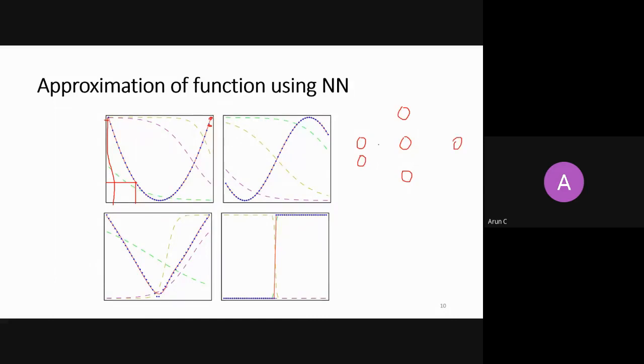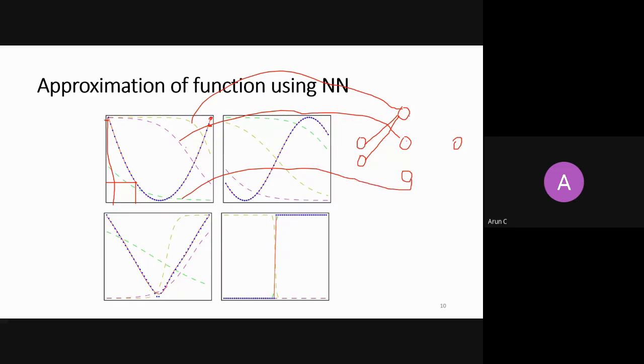So what is happening for every x? This node is predicting this function. This second node is predicting this function. And this third node is predicting this green function, right?